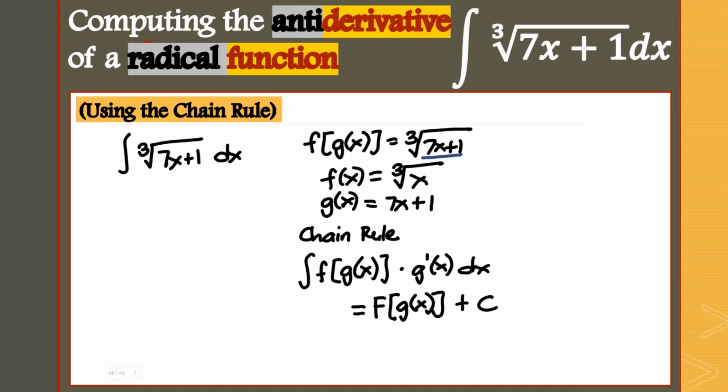But for this to happen, we need to actually add a factor of g prime of x here. So with this, our g prime of x is the derivative of 7x plus 1, that's 7 plus 0, or simply 7.